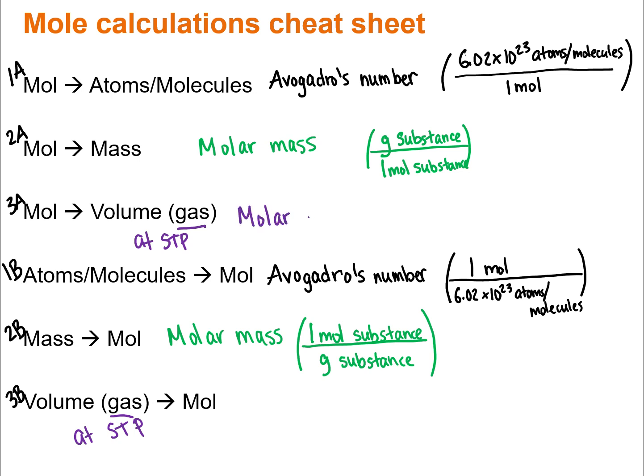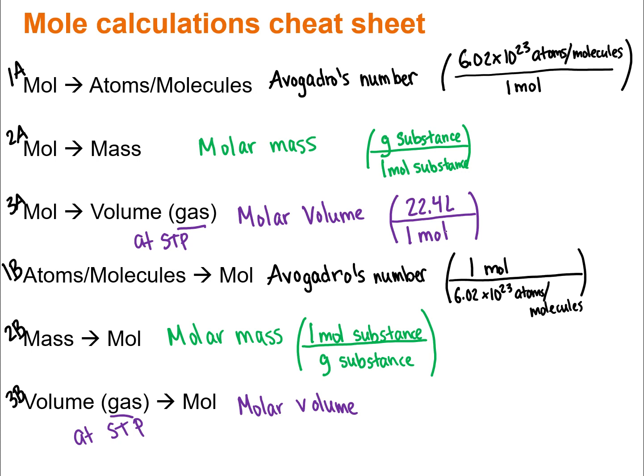For these problems in Chapter 8, we're always going to use molar volume. To convert from moles to volume, you're going to put that 22.4 liters on the top and 1 mole on the bottom.